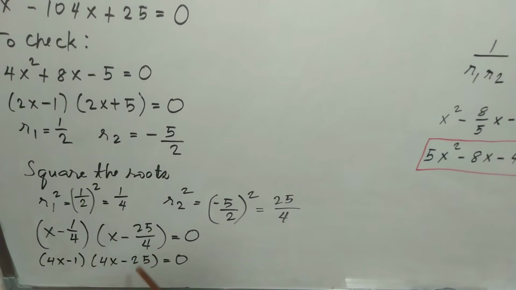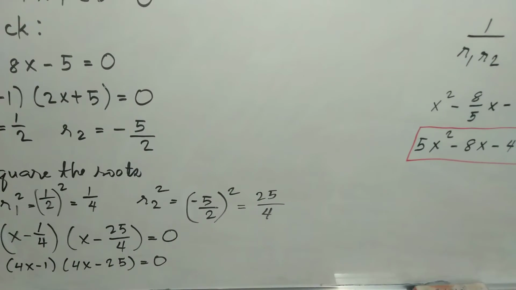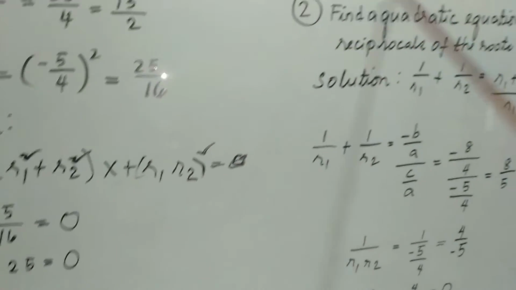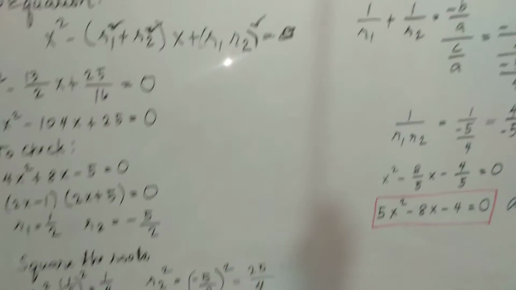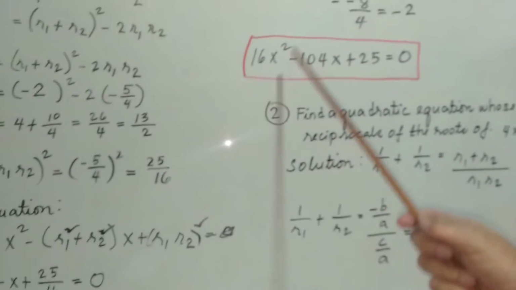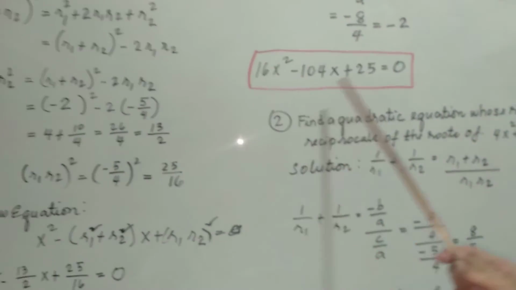Now we expand this one, so 4x minus 1 and 4x minus 25. If we expand this into a quadratic equation, we're going to get 16x squared minus 1 over 4 x plus 25 is equal to 0. So our answer is correct.